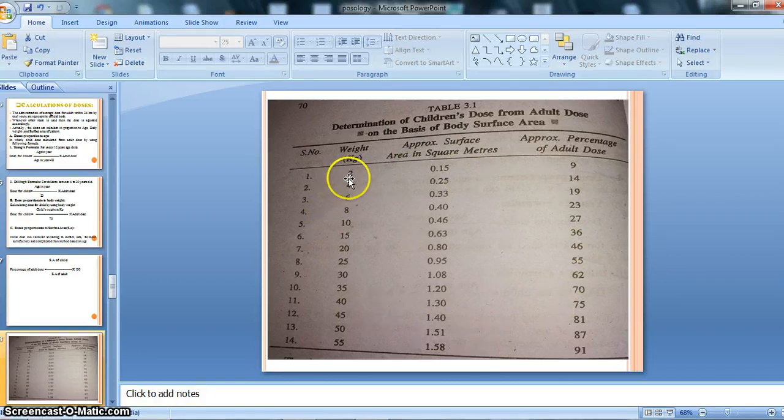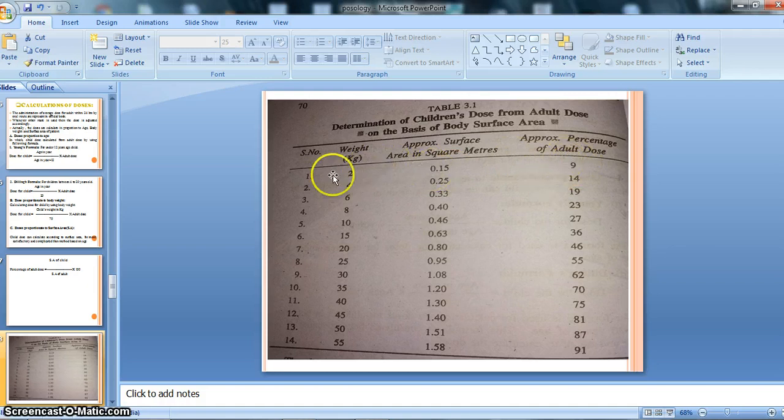Suppose the patient is 2 kg. At that time we can use this surface area for him, that is 0.15, and for the percent of adult dose we can take 9, that is 90. Means for a 2 kg patient, the surface area is 0.15 and the percent adult dose is 90.